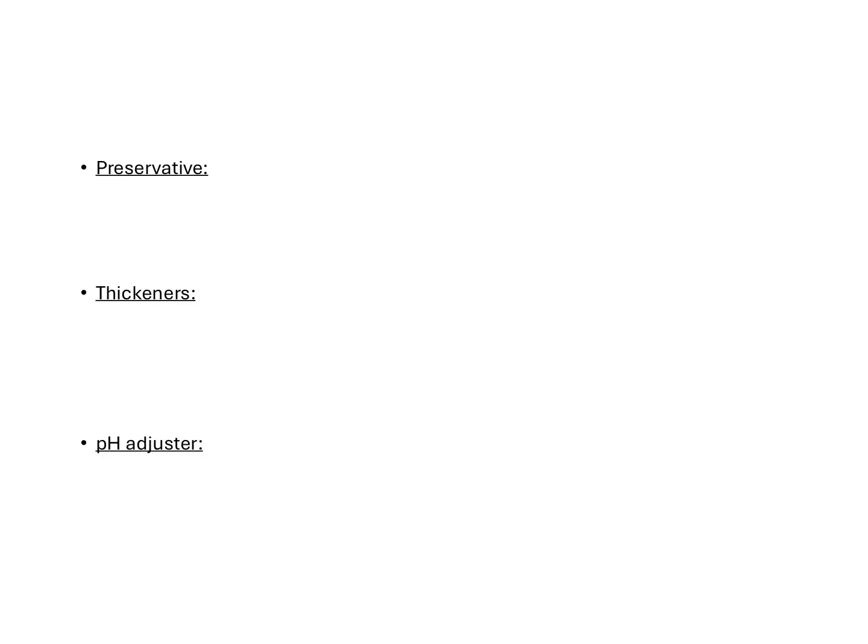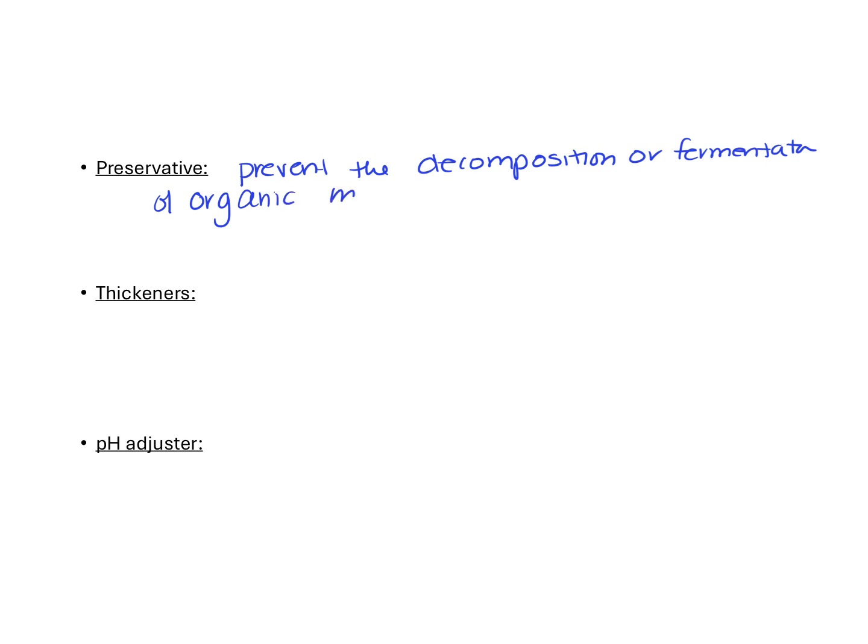You also have to have a preservative, right? And this just is used to prevent the decomposition or fermentation of organic matter. And it helps with the shelf life, honestly. Some examples of this are, and you can just buy these, Germaben is a name of one that's used as a preservative.